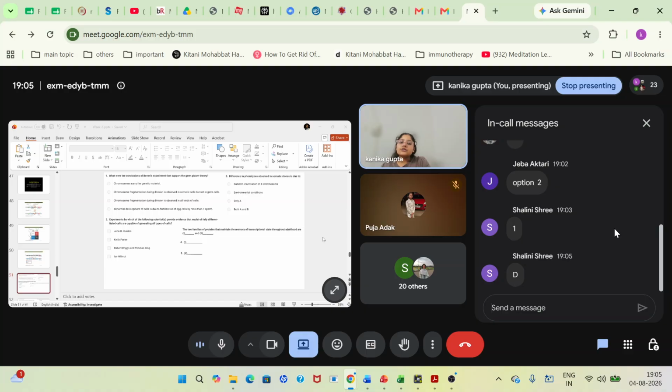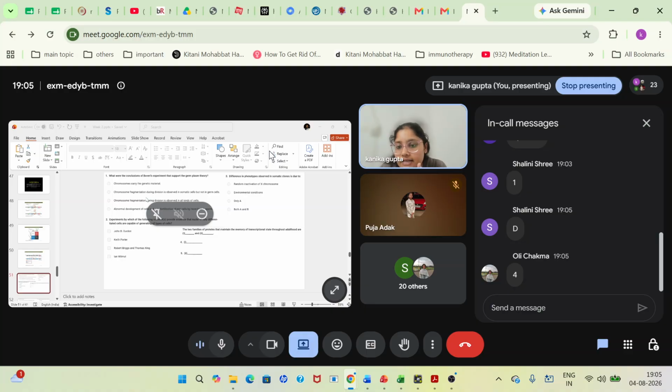So the answer to question number 3 is, yes, it is both A and D: random inactivation of X chromosome and environmental conditions.